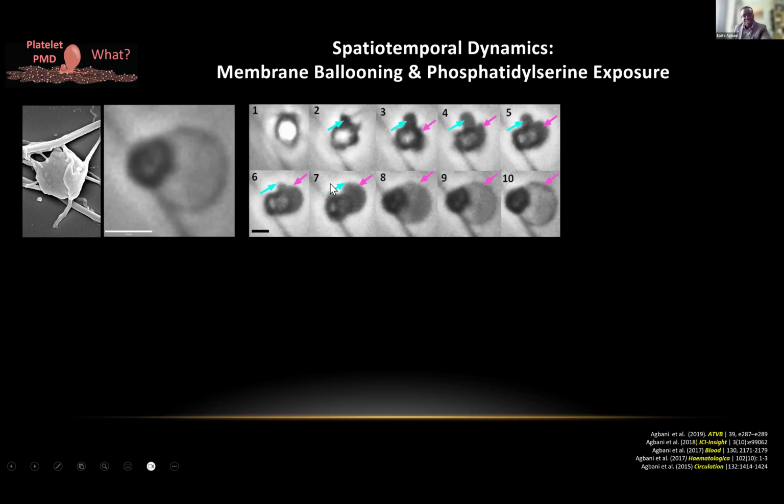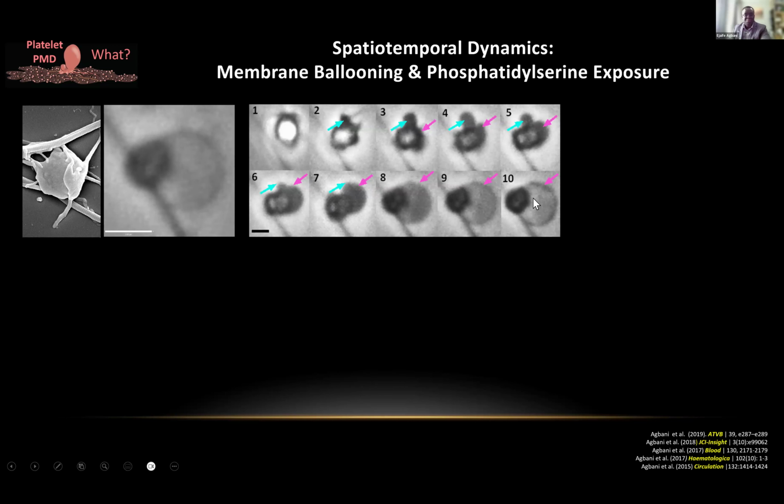You will notice that the platelet is capable of two kinds of deformation. The one I've highlighted in cyan blue is what I call blebbing. And the one in magenta is what I call ballooning, membrane ballooning.